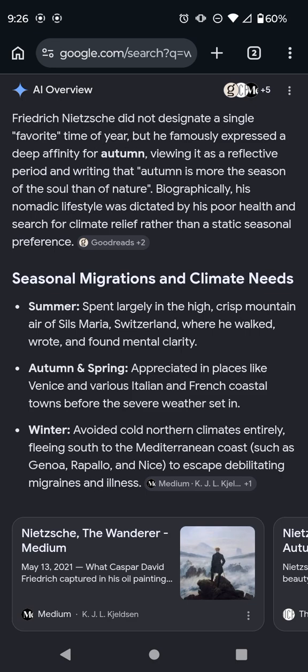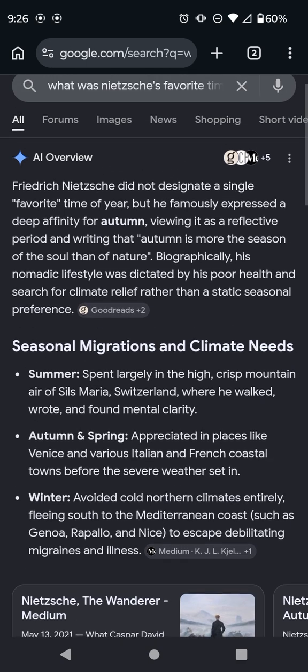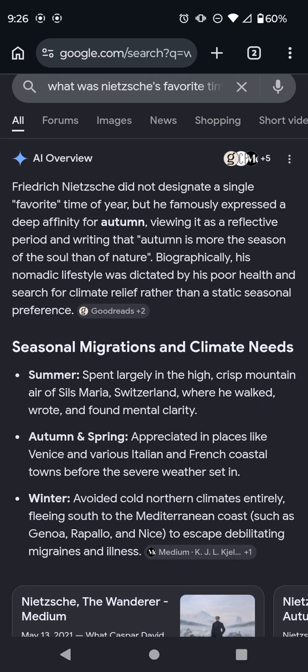But we'll see that in winter, he avoided cold northern climates entirely to escape migraines and illness. So he wasn't a winter personality, despite having so many aspects and planets that lined up to winter. Well, he did like autumn and spring before the severe weather set in, so he wasn't anti-autumn and spring.